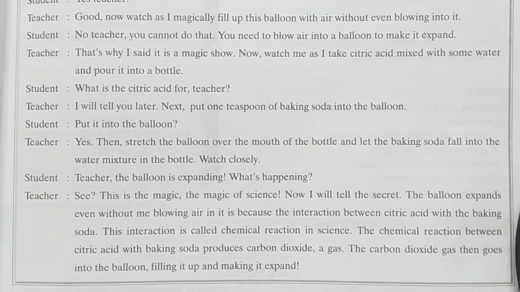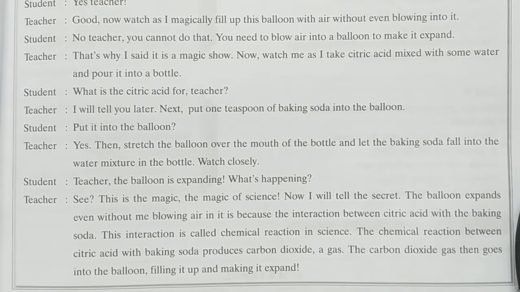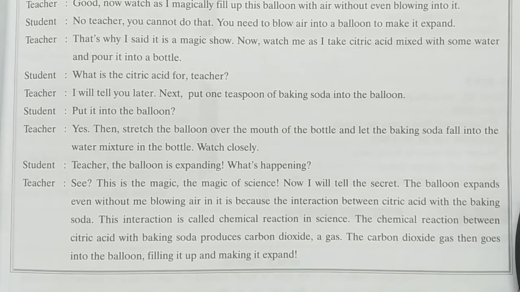Now I will tell the secret. The balloon expands even without me blowing air in it. It's because of the interaction between citric acid and the baking soda. This interaction is called a chemical reaction in science. The chemical reaction between citric acid and baking soda produces carbon dioxide, a gas. The carbon dioxide gas then goes into the balloon, filling it up and making it expand.